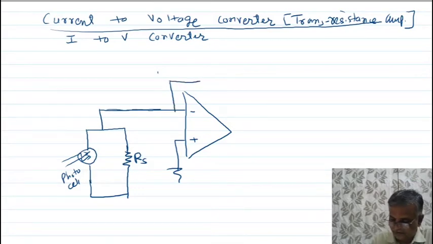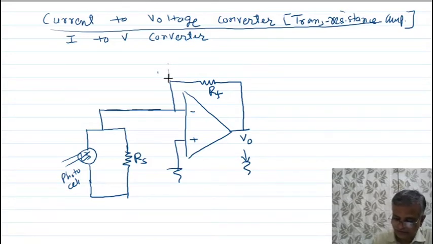Here I am connecting resistance R. This is the view with respect to ground. Here is the capacitance C. Sometimes they connect it.